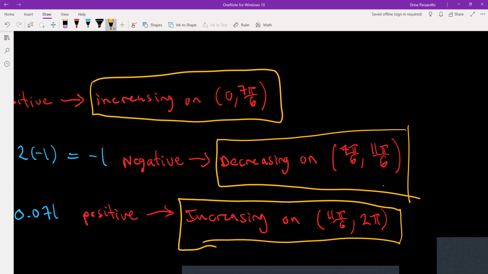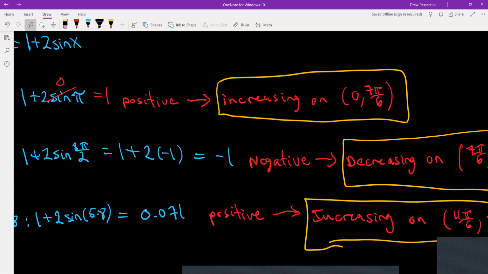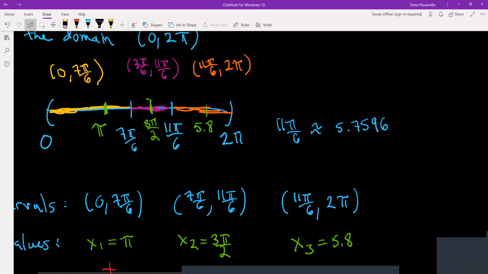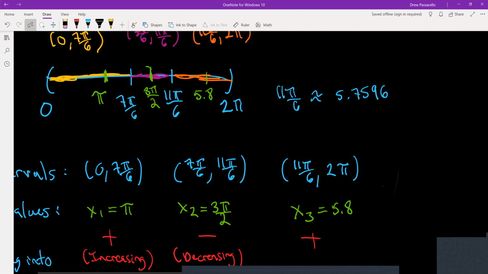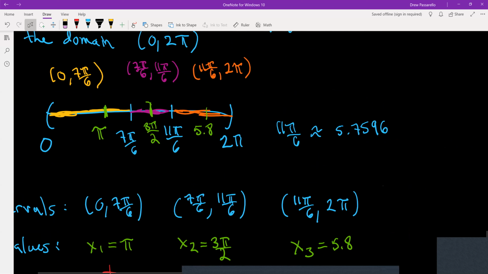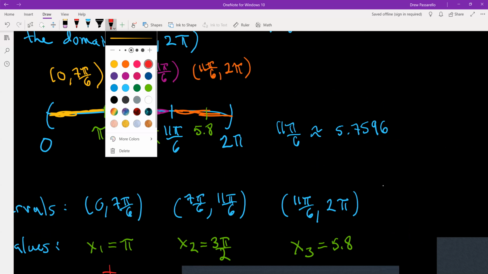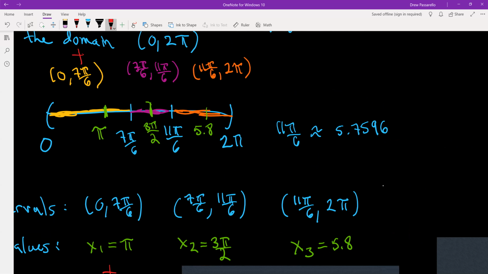The next video will cover the first derivative test, and honestly the first derivative test covers these same things, and the only added thing we do is check whether it's a relative max or min. As a preview, this one gave us a positive value for its derivative, so we know the graph will be going up.